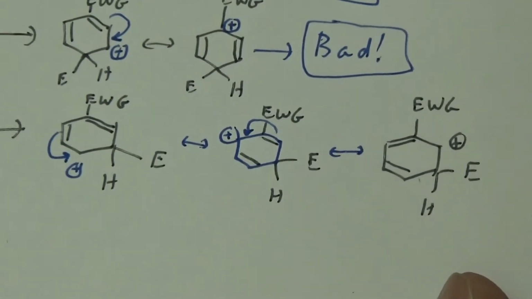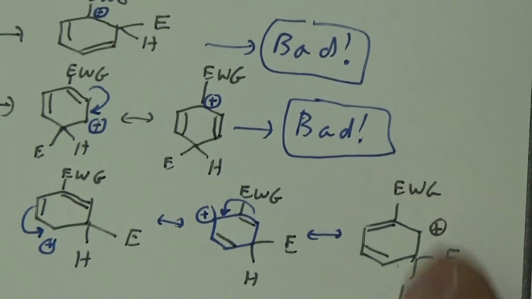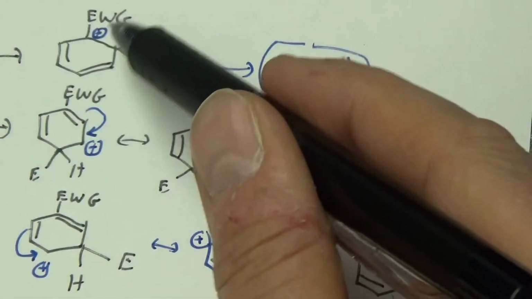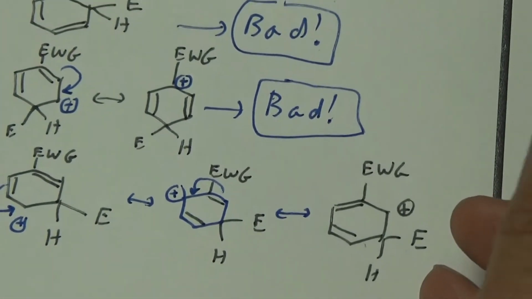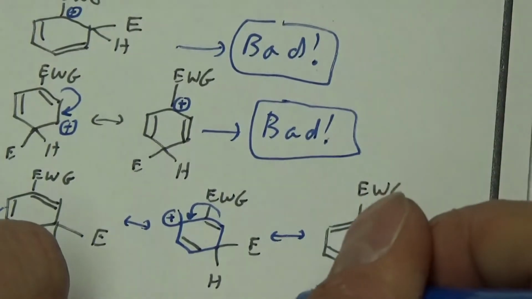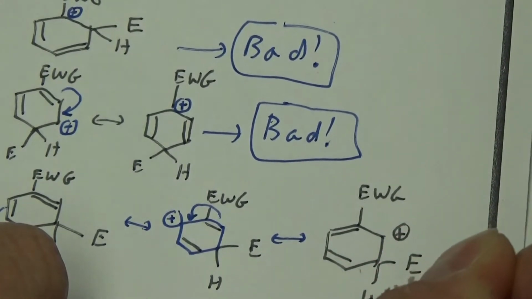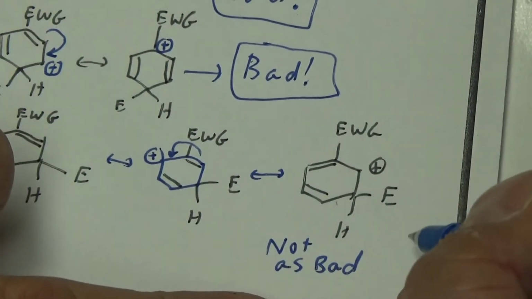Now it's like we pushed it everywhere we could possibly push it, and it's not bad in the way that these were bad. These had an EWG directly adjacent, so at this point I usually say not as bad. It's not good, but it's not as bad as the other one. It's not as unstable.